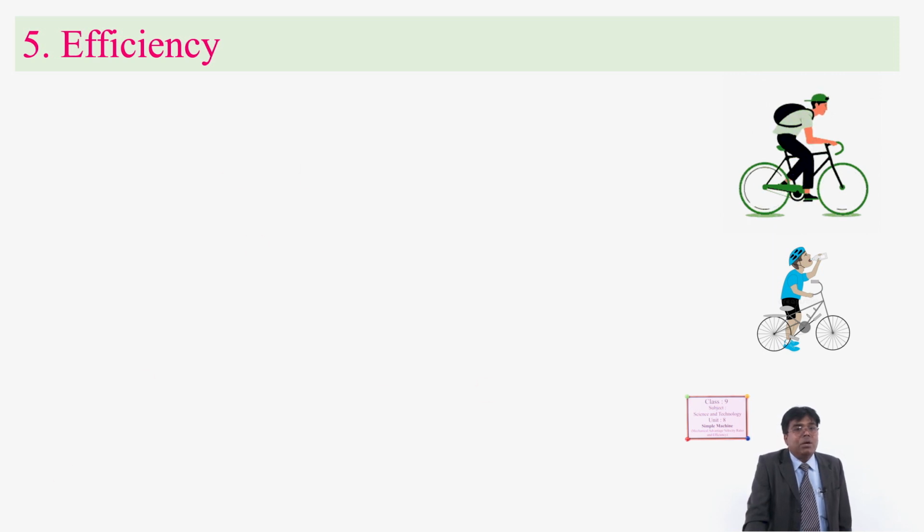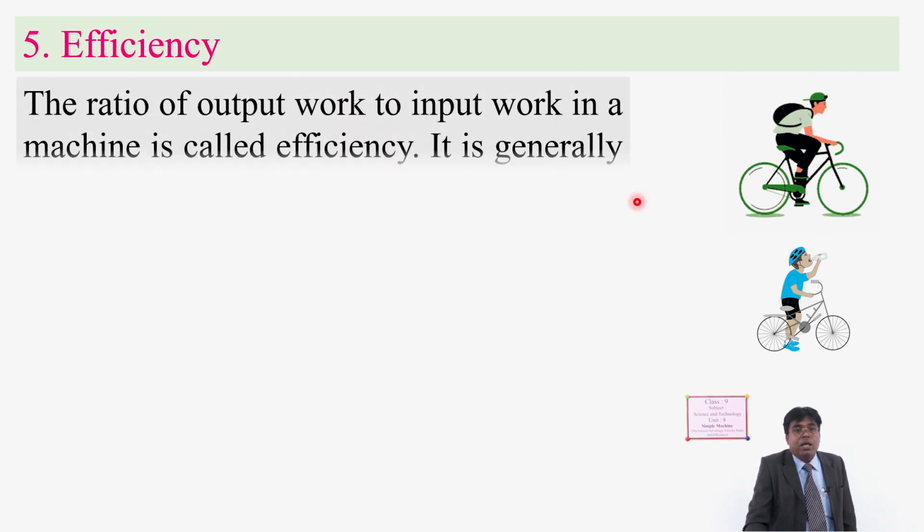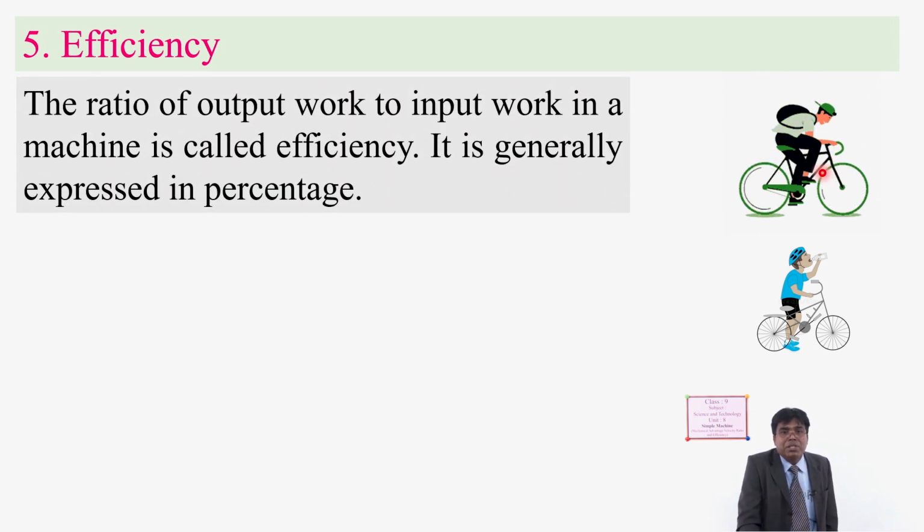Now the next term is efficiency. So just see these two cyclists. One of them is riding the cycle quickly, but another is feeling tiredness. Yes, this example shows the efficiency of that machine. So what is efficiency? In the first case the person is riding his cycle quickly.